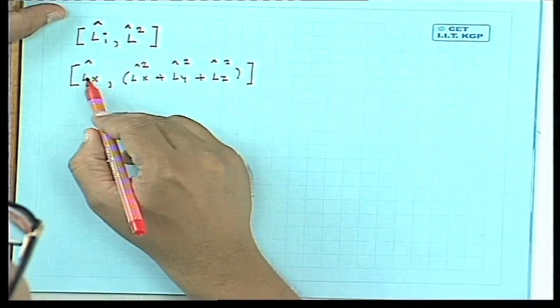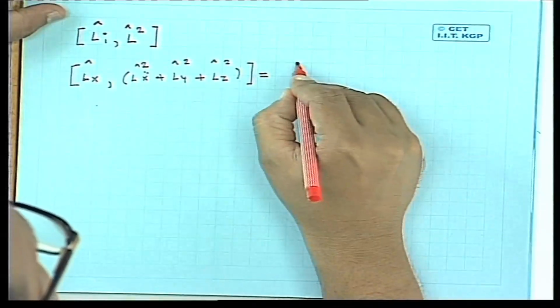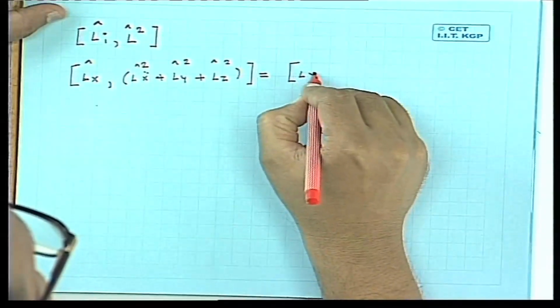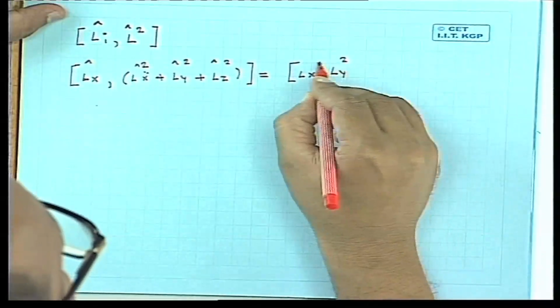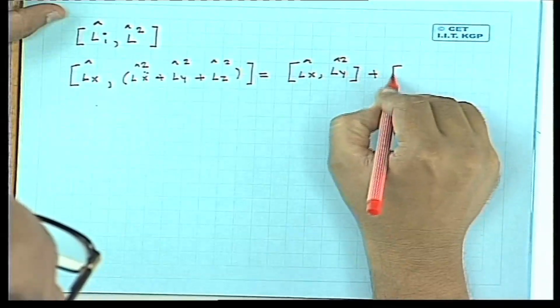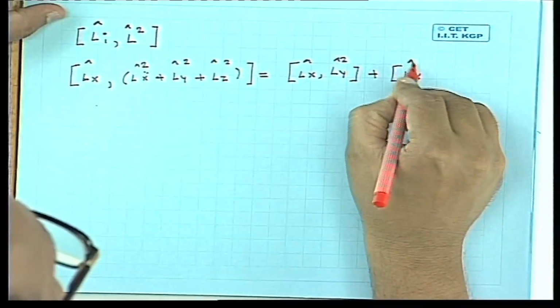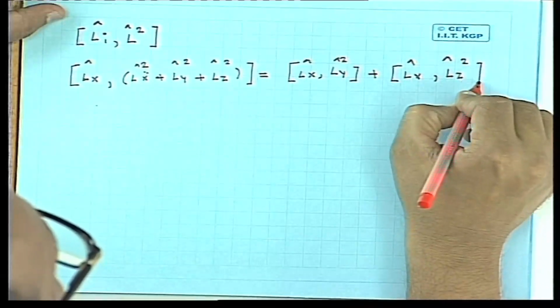So, the first term gives us 0, and what we have left is Lx with Ly squared plus Lx with Lz squared.